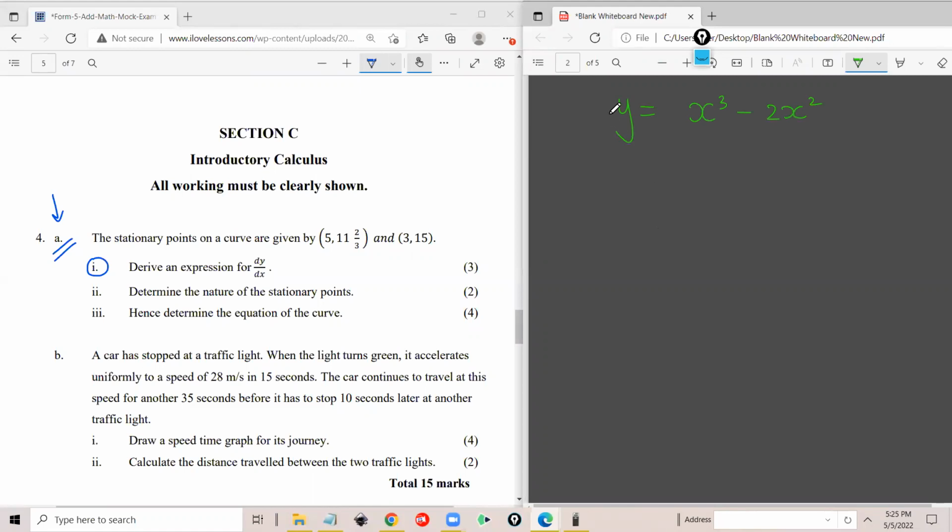What would the expression for dy dx be? Won't it be 3x squared and you throw the power in front, minus 4x? This would be the expression, right, for dy dx, provided that you knew the original equation.